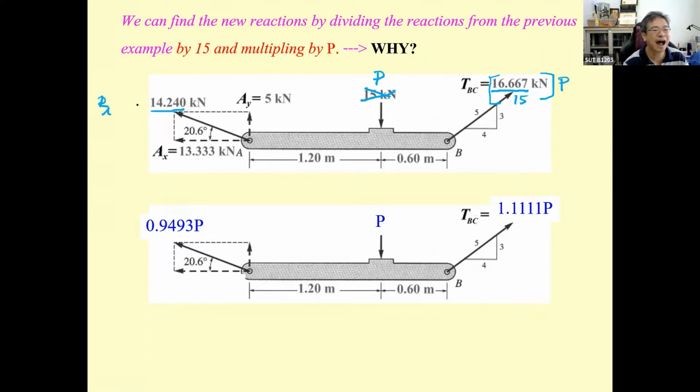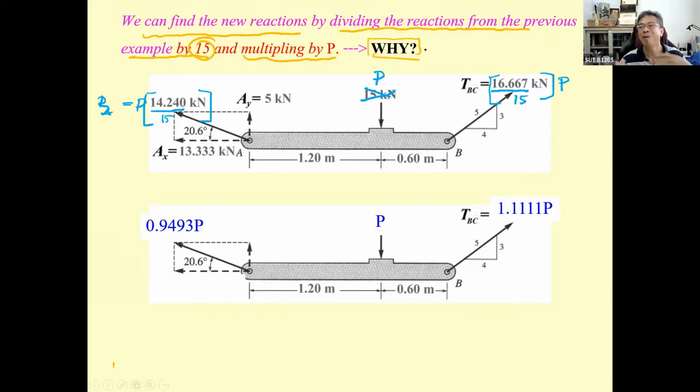The force R sub A is going to be this one divided by 15, and then you're going to multiply it by P. So based on the concept over here, we can find the new reaction by dividing the reaction from the previous example by 15 and multiplying it by P. Why? Because they are proportional to each other.